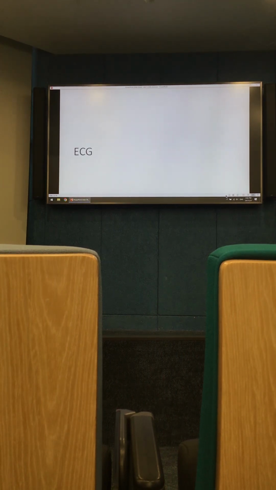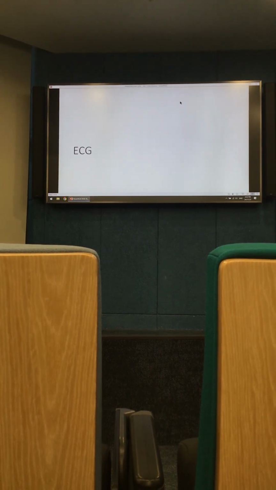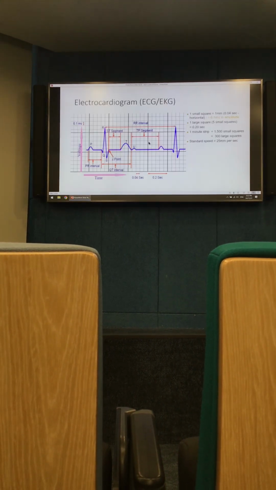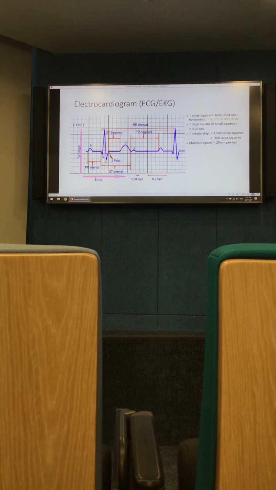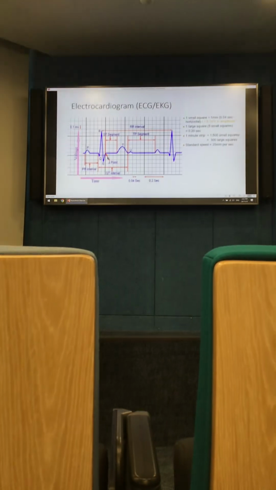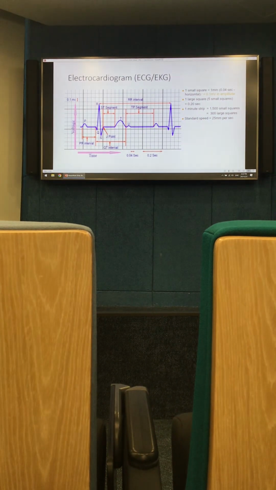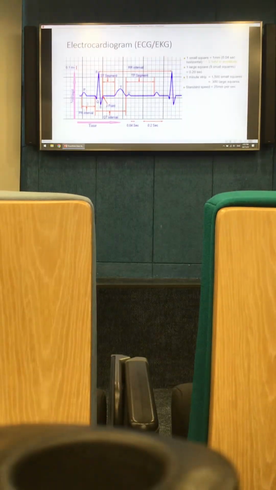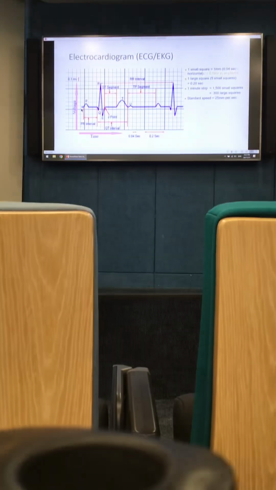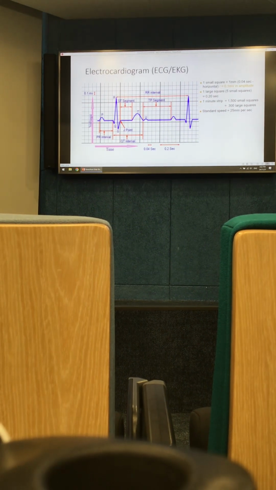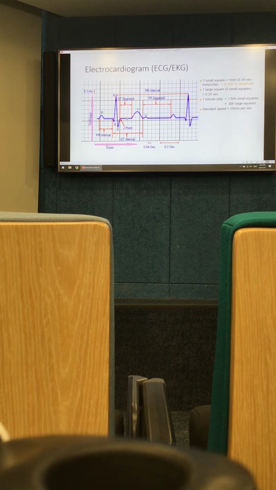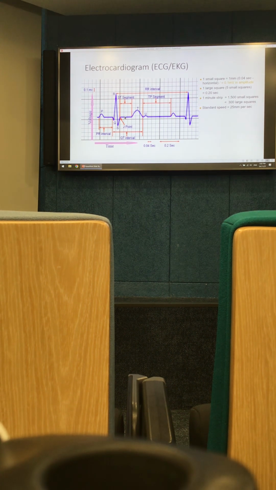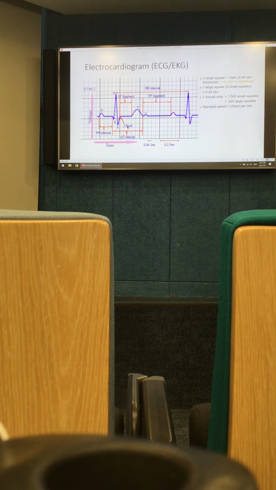So for ECG, I'm not going to repeat, but just very quickly: you want to have a good understanding of ECG, you have to understand the normal durations of, like, the PR interval, and what the meaning of ST segment elevation or depression is.